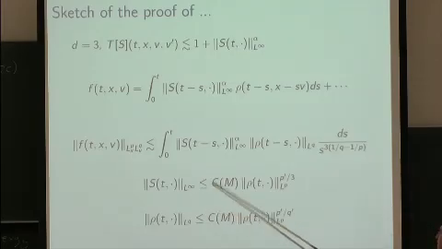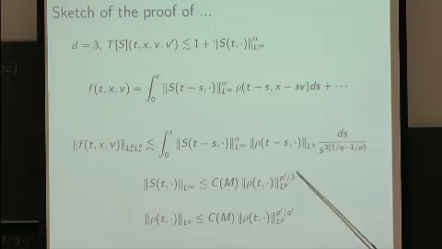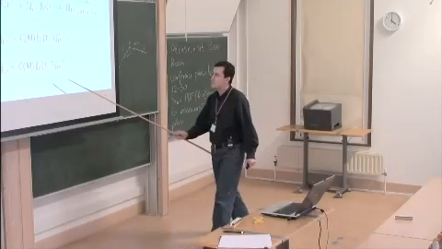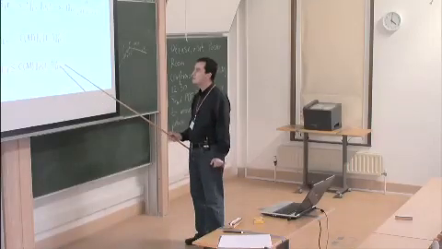You can estimate this by the mass, something that has to do with the mass, constant times the mass perhaps, to the p prime over 3, constant times the mass to some power. It doesn't matter. To that power, p prime over 3. And you can estimate the LQ norm. You can put it between the L1 norm and the LP norm. So very simple interpolation inequality. Pick up this exponent.